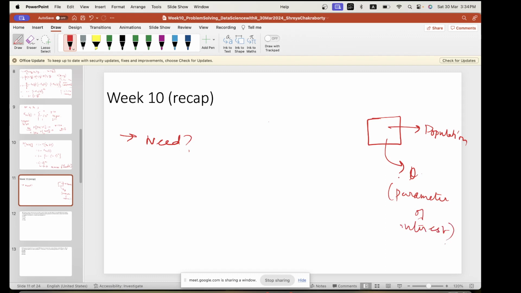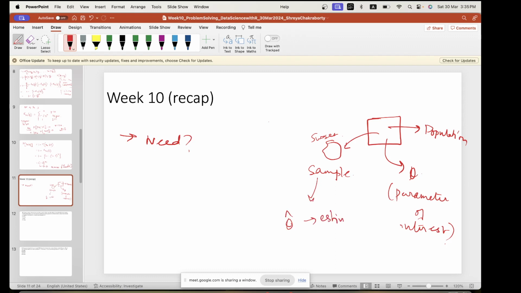Most often than not, it is not possible to calculate theta from the entire population. So what do we do? We take a subset from this population. This is a subset, and we call it a sample.